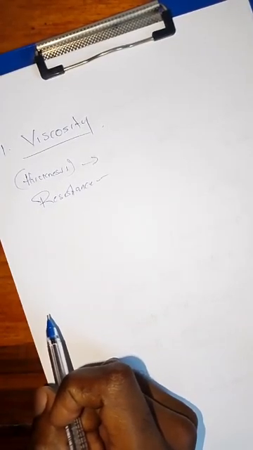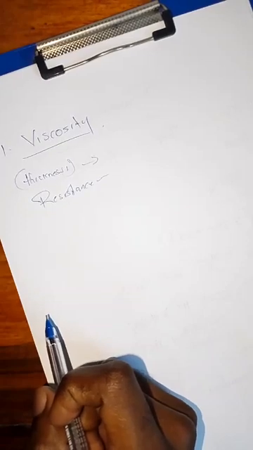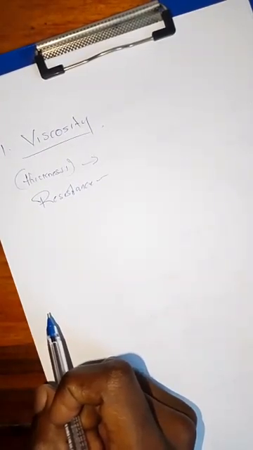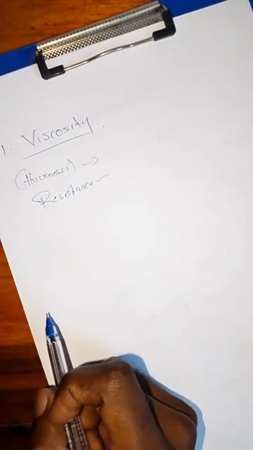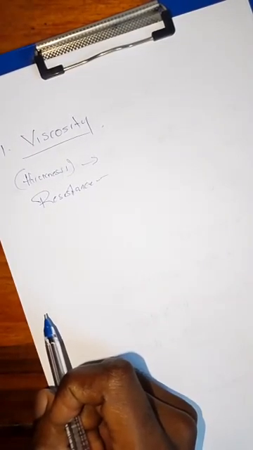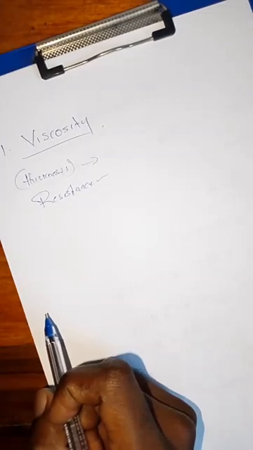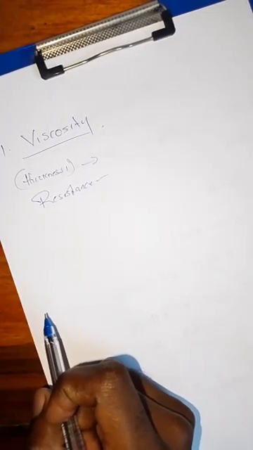Why? It is because there is a high concentration of sugar molecules in that particular volume of water. So when you pour it down, it is not going to move as fast as water can move when there is no sugar in it. That resistance in flow due to the thickness is what we call the viscosity.